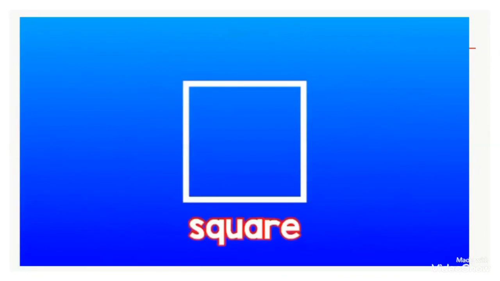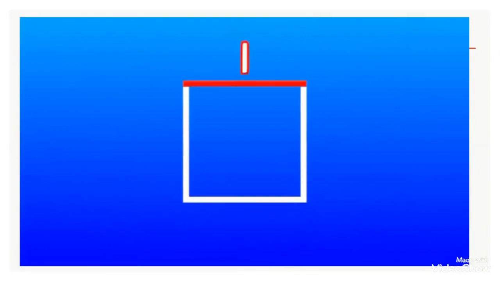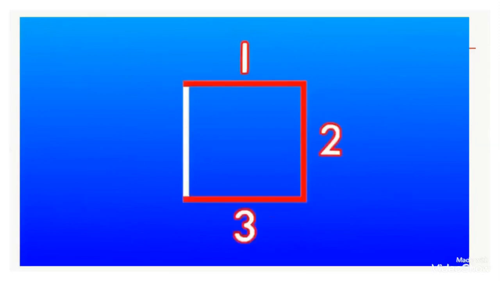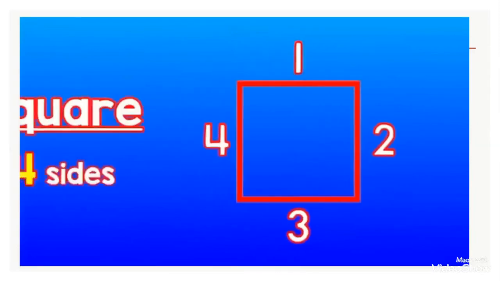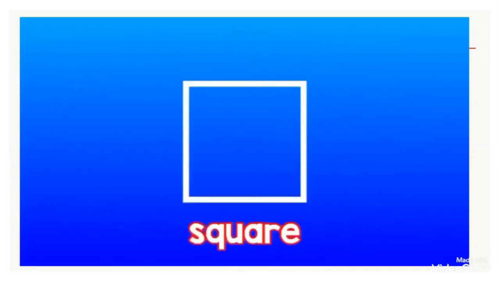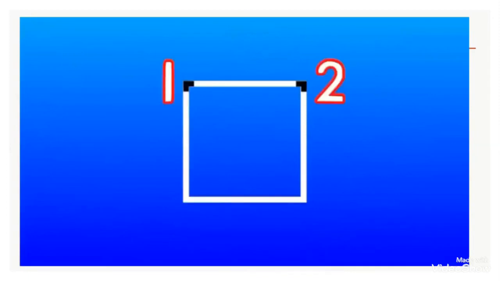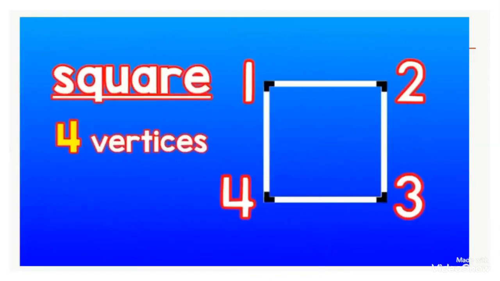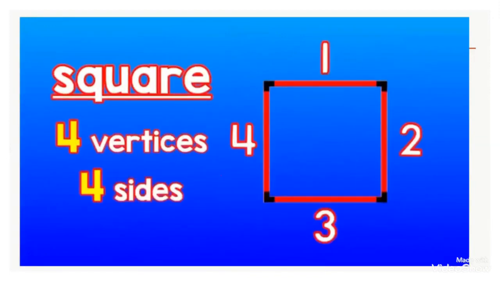Let's count the sides of a square. 1, 2, 3, 4. A square has 4 sides. Let's count the vertices of a square. 1, 2, 3, 4. A square has 4 vertices and 4 sides.